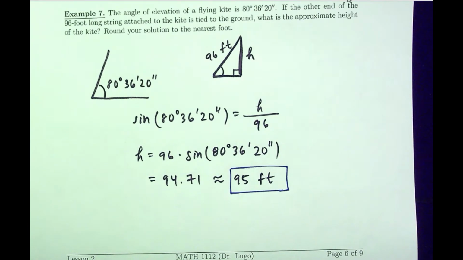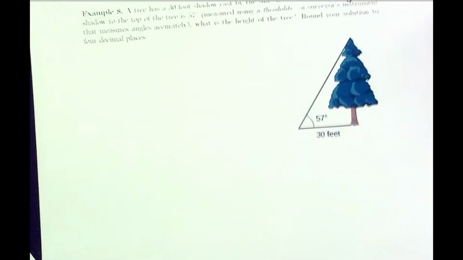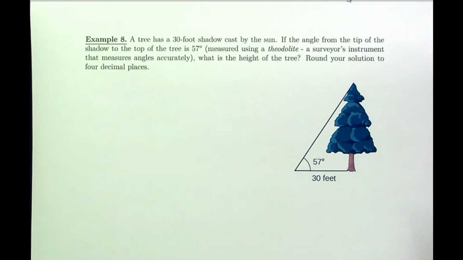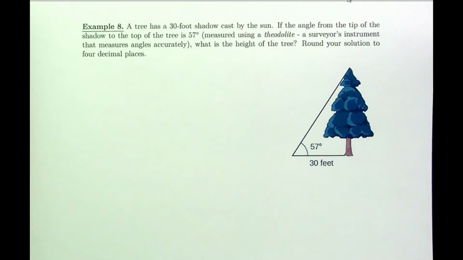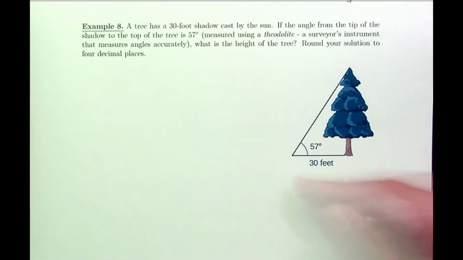All right, so now let's do another problem. This one is about the shadow of a tree. It says, a tree has a 30-foot shadow cast by the sun. So the sun is shining down on the tree and casting a shadow, and the shadow is 30 feet long.